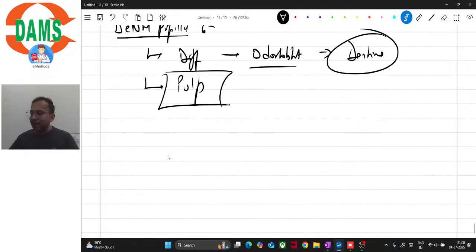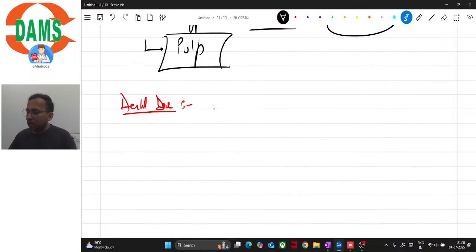Now what about the dental sac? Dental sac, as I told you, is fibrocellular and vascular. So basically you can divide it into three layers.